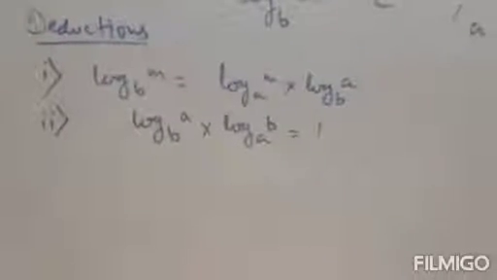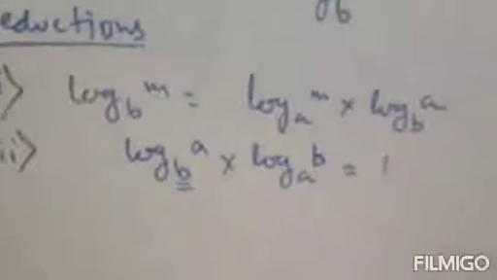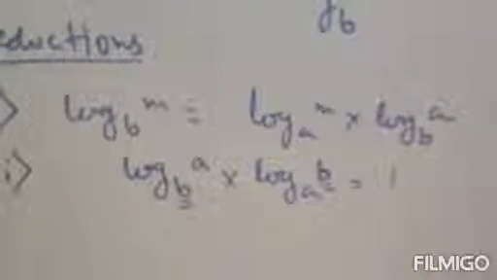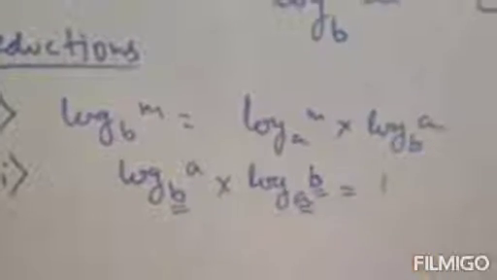See the formula very carefully: log b base a and log a base b. Here the base is a and in the other term a is in power form. So if this type of multiplication of logs is given, your answer will be 1.